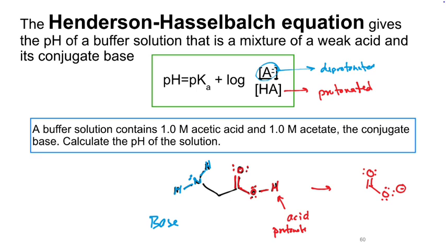Why does that become valuable to me as a biochemist? Biochemists study biological systems like proteins, and proteins are made up of amino acids. And if I change the pH, what happens to the protonation state? It changes it, which means the charge changes, and if the charge changes, so does its solubility.